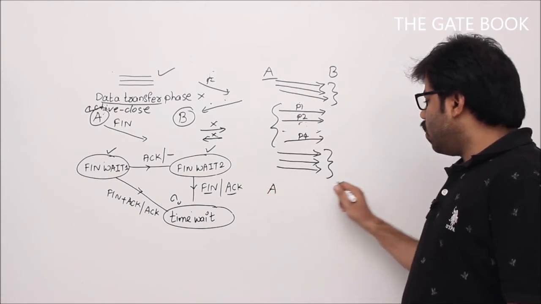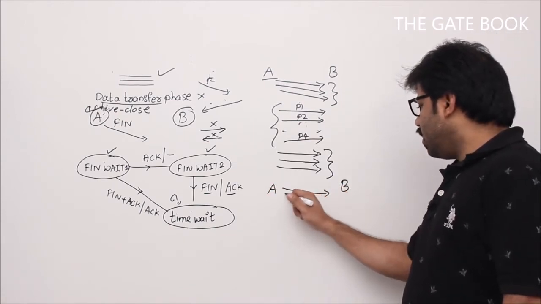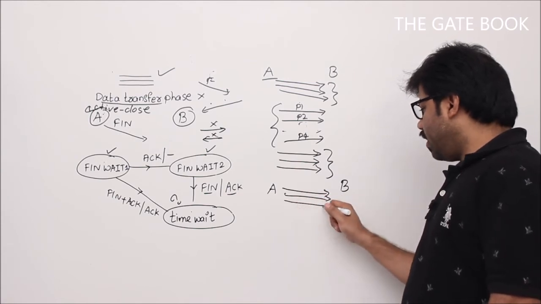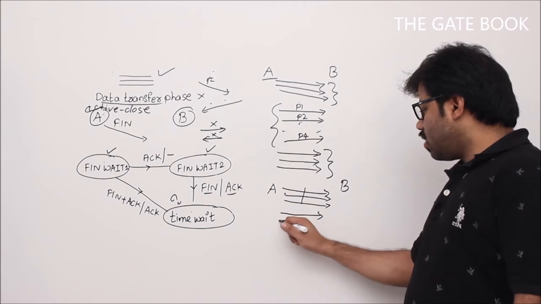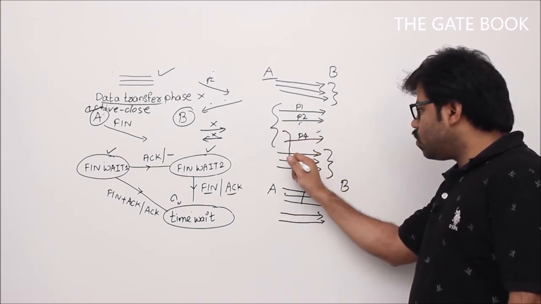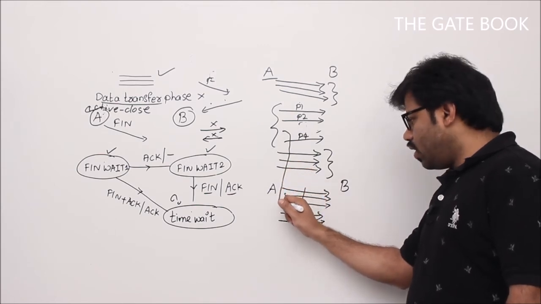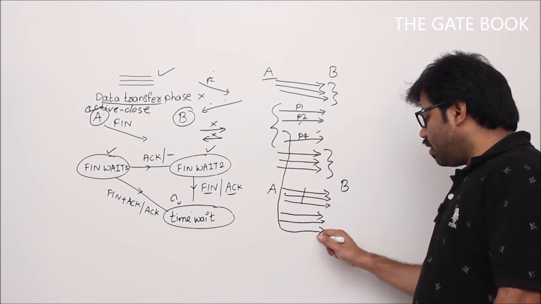Again A and B open one more connection immediately. This is the new connection opening, and after that they start transferring data. See now, the delayed packet P3, if it is delayed so much that it is still in the network, might suddenly come to B, correct?